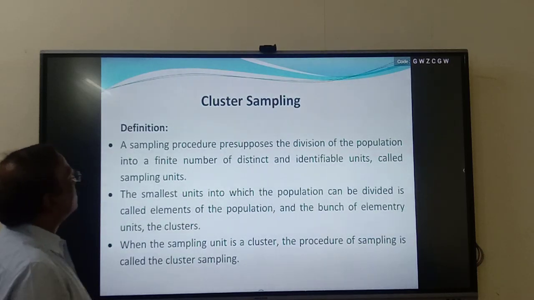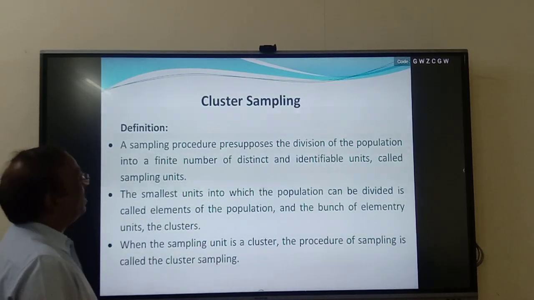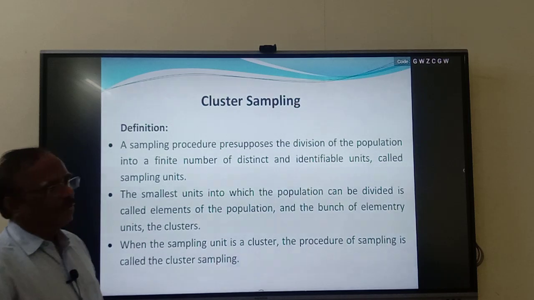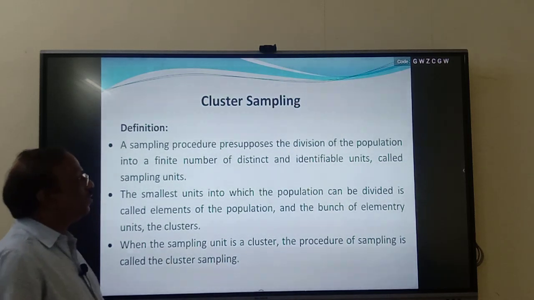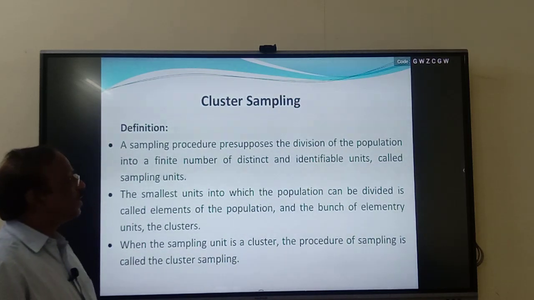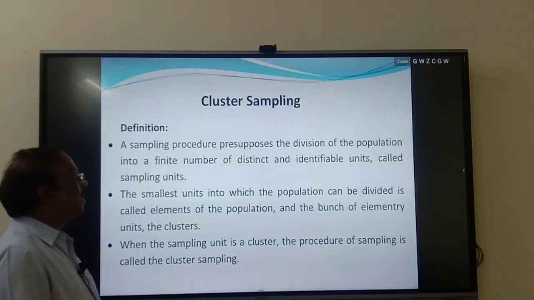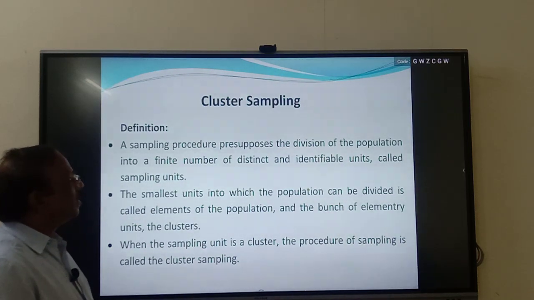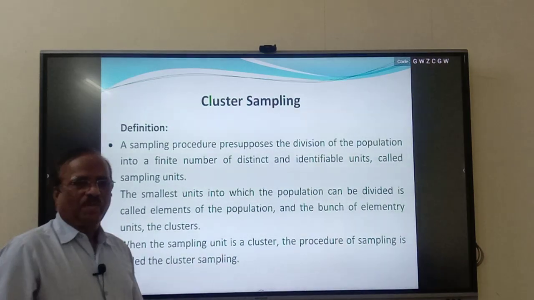Study about cluster sampling. Actually, in simple random sampling, we select the units from the population which are elementary in type. But in many situations, this may not be possible in practice.